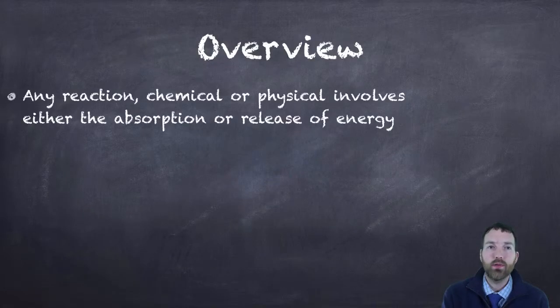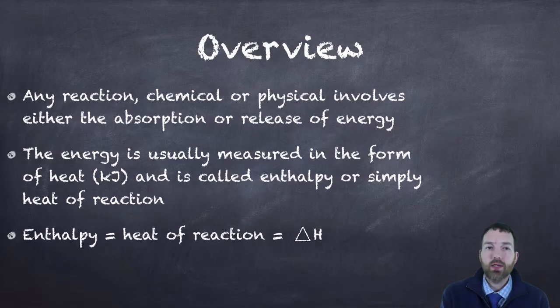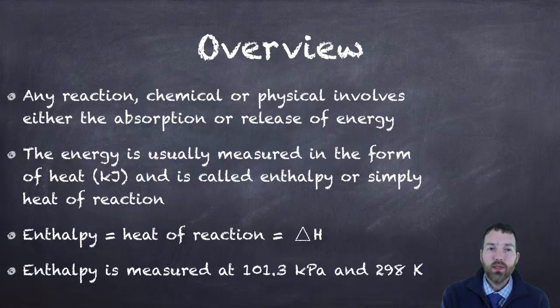So let's look at the overview here. Any reaction, chemical or physical, is going to involve the absorption or release of energy. The energy is usually measured in the form of heat, typically kilojoules, and is called the enthalpy, or simply the heat of reaction. That is symbolized as delta H in our equations.